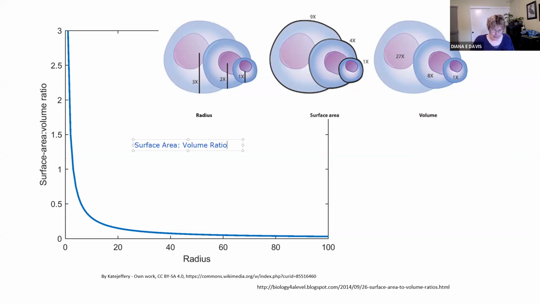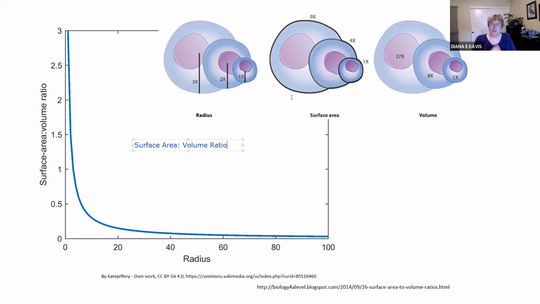The idea here is that the amount of surface area on a cell, the amount of membrane wrapped around that cell, limits the amount of nutrition, gas exchange, material that can be imported, and waste that can be exported.